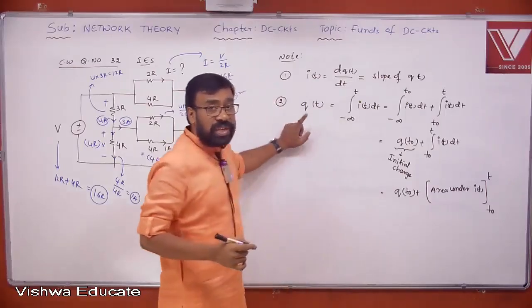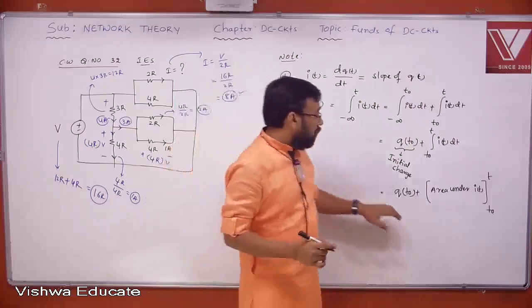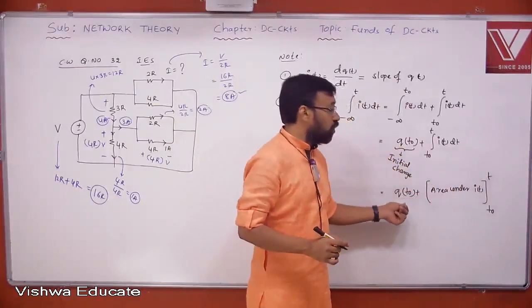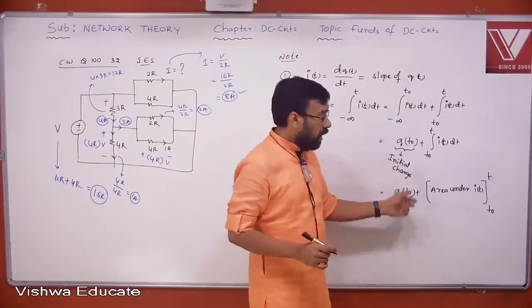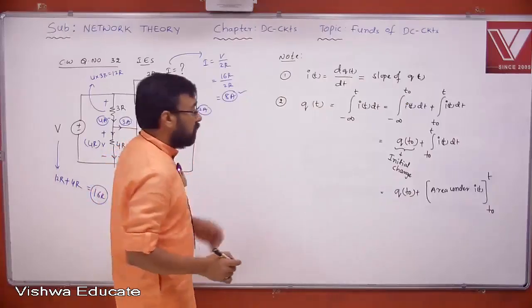At any instant you can find the charge if you know the area under I of t over the limits t naught to t, plus of course q of t naught is also very important. This is a very, very important formula. On several occasions the problems come on the basis of this particular formula.